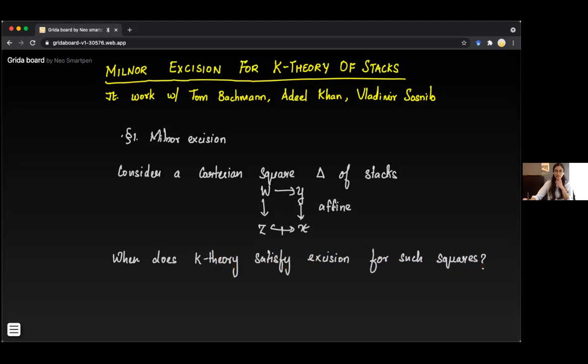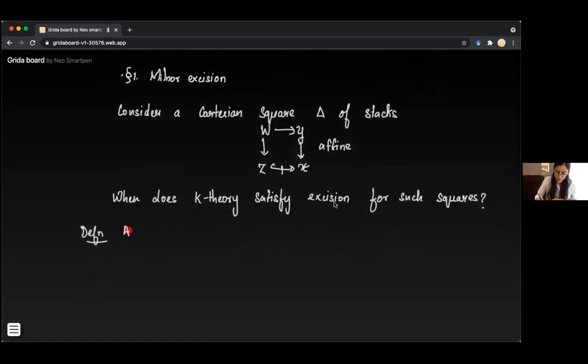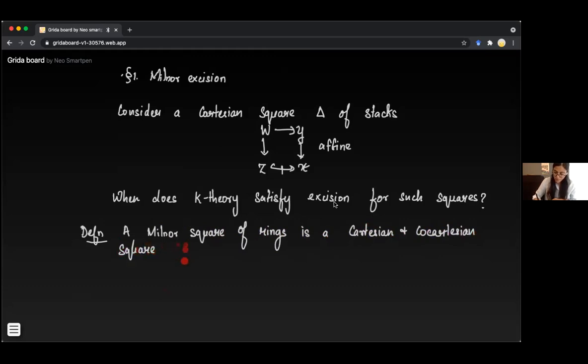And such squares have been classically studied in rings, for example, and this is related to the classical theorem of Bass, Milnor, and Murthy about Milnor squares of rings. Let me recall the definition. So a Milnor square of rings is a Cartesian and co-Cartesian square of the form, let me call this delta ring.